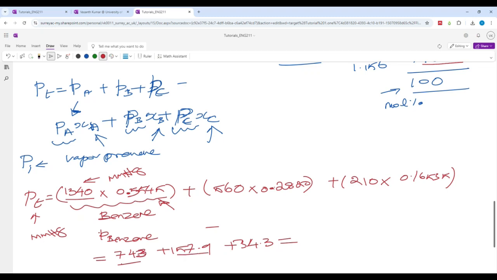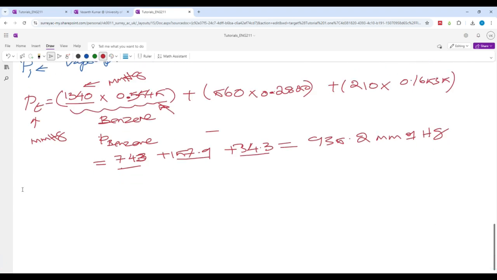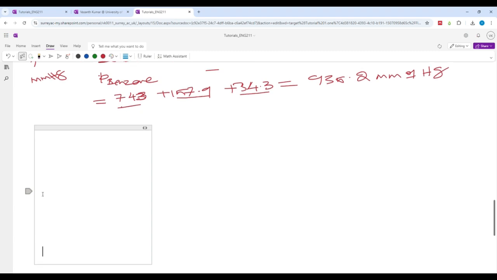This is the partial pressure of toluene. This is the partial pressure of xylene. If you sum all three, then according to Dalton's law, that should give the total pressure: 935.2 millimeters of mercury. So I think we solved one section of the problem.